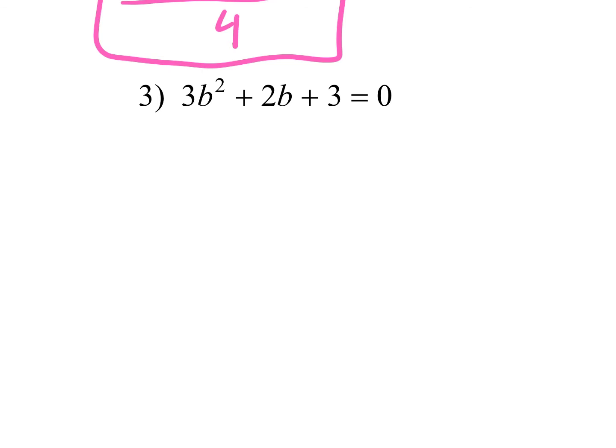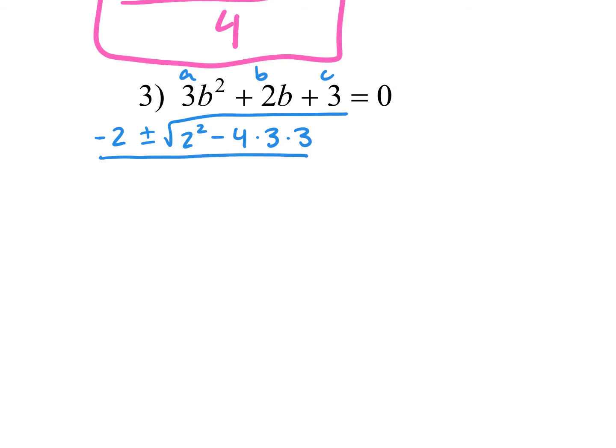What's A? What's B? And what's C? Perfect. So A, B, C. Plug everything in. So we have -b plus or minus the square root of b squared. So 2 squared minus 4 times A times C over 2A.